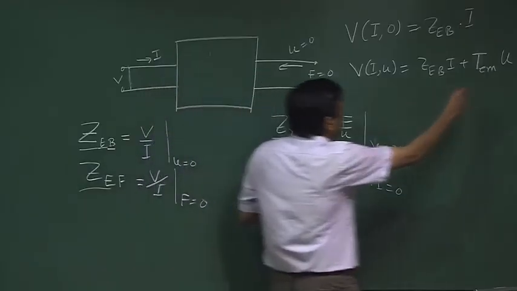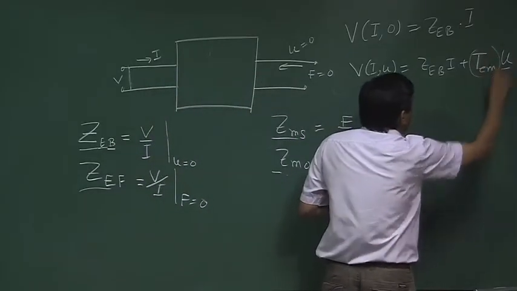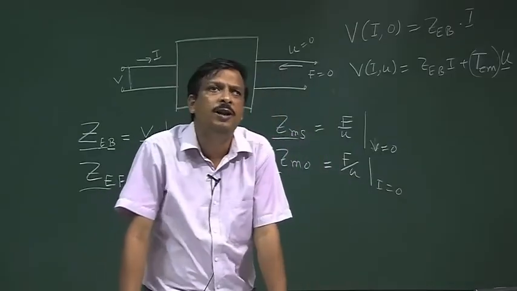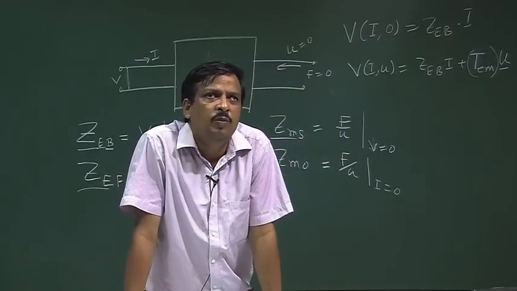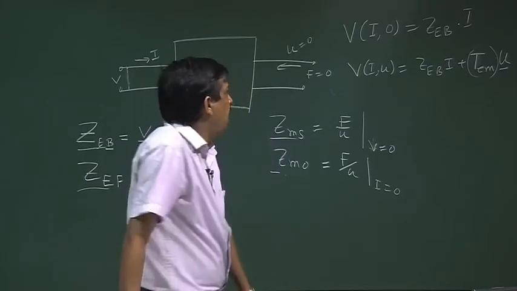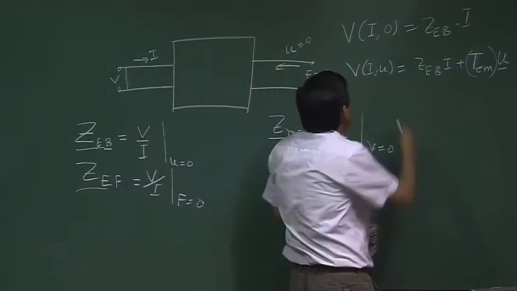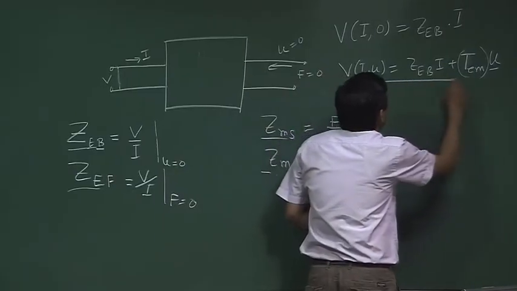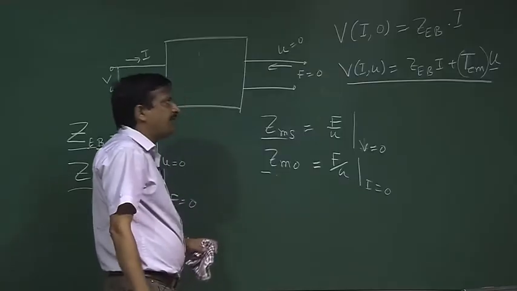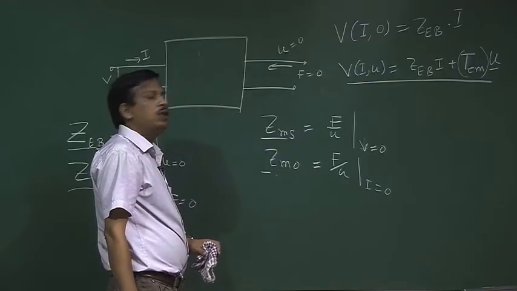This is called the electrical to mechanical coupling coefficient, TEM, and U is not 0. So V is nothing but ZEB into I plus TEM into U.